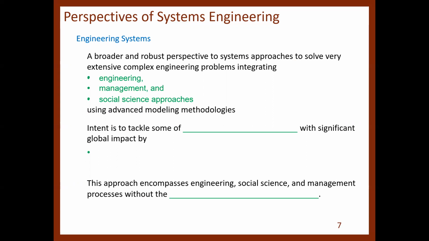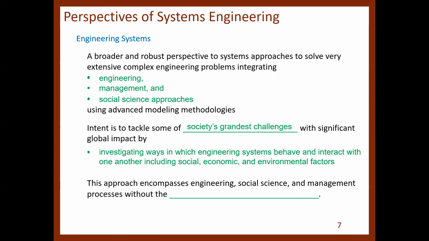The intent is to tackle some of society's grand challenges with significant global impact by investigating ways in which engineering systems behave and interact with one another, including social, economic, and environmental factors. This approach encompasses engineering, social science, and management processes without the implied rigidity of systems engineering.